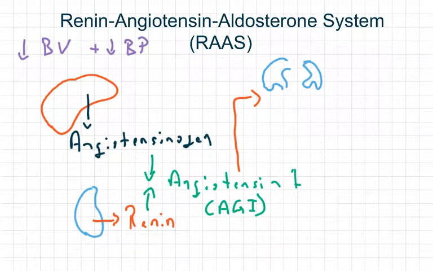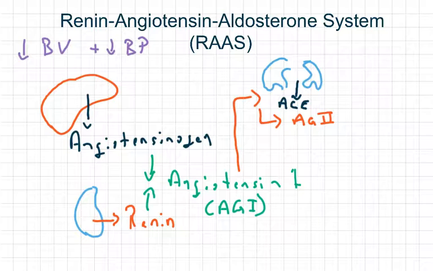And so what happens is the endothelium of the lungs produces an enzyme called the angiotensin converting enzyme, or ACE for short. And what this does is convert AG1 to AG2, or angiotensin 2. AG2 exerts two different effects.